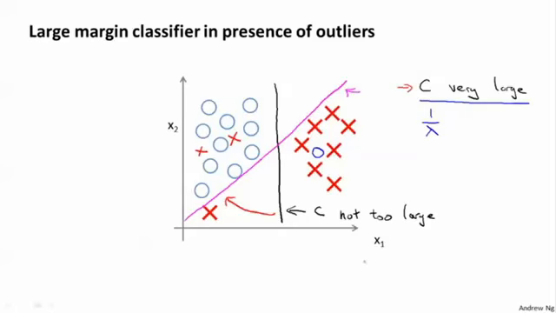But in practice, when applying support vector machines, when C is not very, very large like that, it can do a better job ignoring a few outliers like here, and it'll also do reasonable things even if your data is not linearly separable. But when we talk about bias and variance in the context of support vector machines, which we'll do a little bit later, hopefully all of these trade-offs involving the regularization parameter will become clearer at that time.